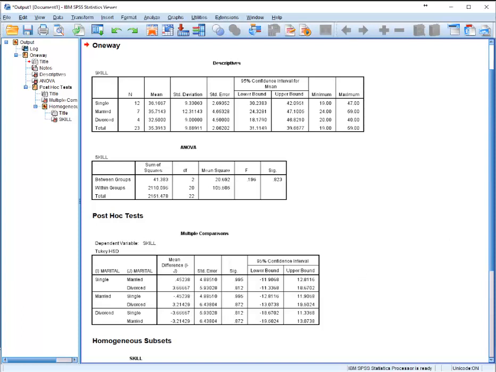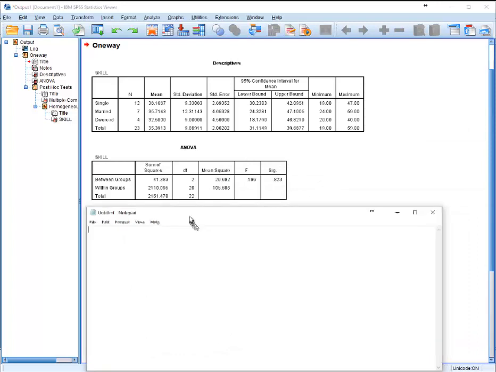So if we were going to write an APA-style results section about this, we would say something on the order of: a one-way ANOVA was calculated comparing the mathematics skill scores of 3 different marital statuses: single, married, divorced.